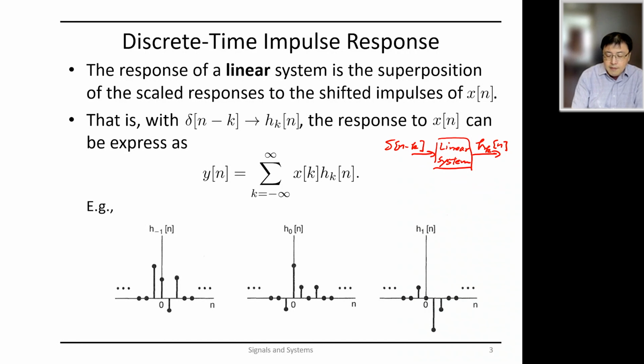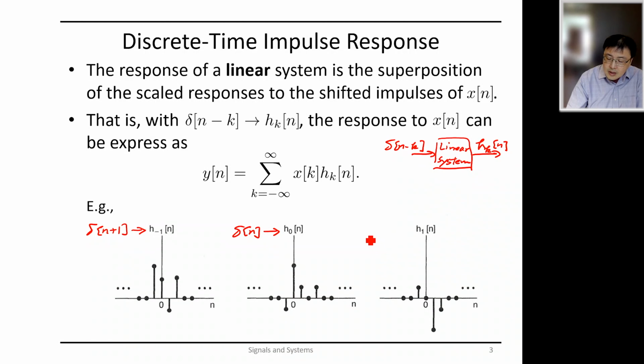So here you have a few examples. For example, this h sub minus 1 of n is the response that you get if you insert an impulse at time -1 at the input. Now, if you insert an impulse at time 0, then you would get a response h0n, which looks like this.